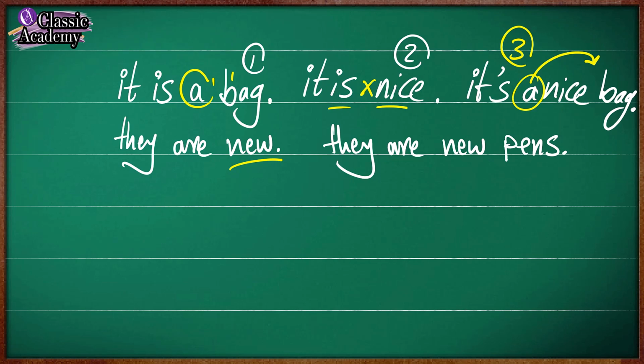When we have nouns and more than one, maybe 2, 3, 4, or 100 nouns, here we have s, so we do not need a or an again. They are new pens, because pens are more than one, so we use a kind of pronoun as a starter. Do you remember? For plural nouns, we need a plural verb. We also need plural nouns at the end of it.